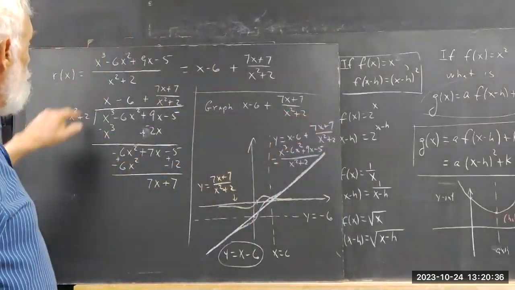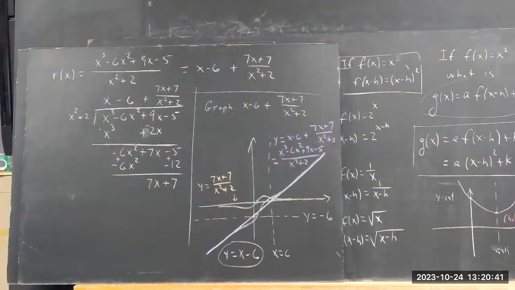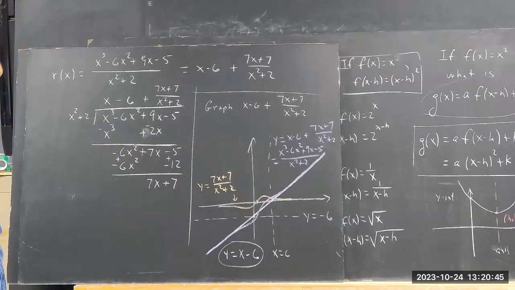This is equal to this because of this. And that's the main point I'm trying to make right now. It has an implication for the graph, but this is one way we might ultimately be using the long division to get a handle on a graph that would otherwise give us fits.